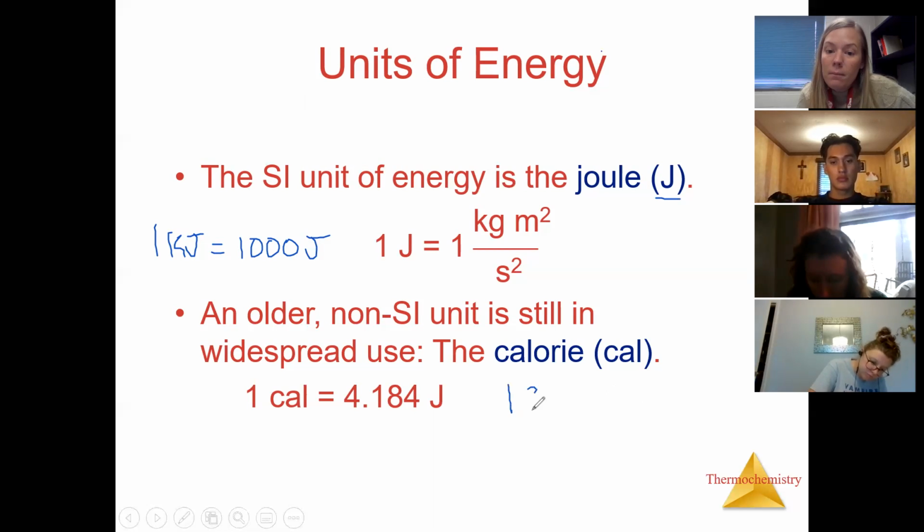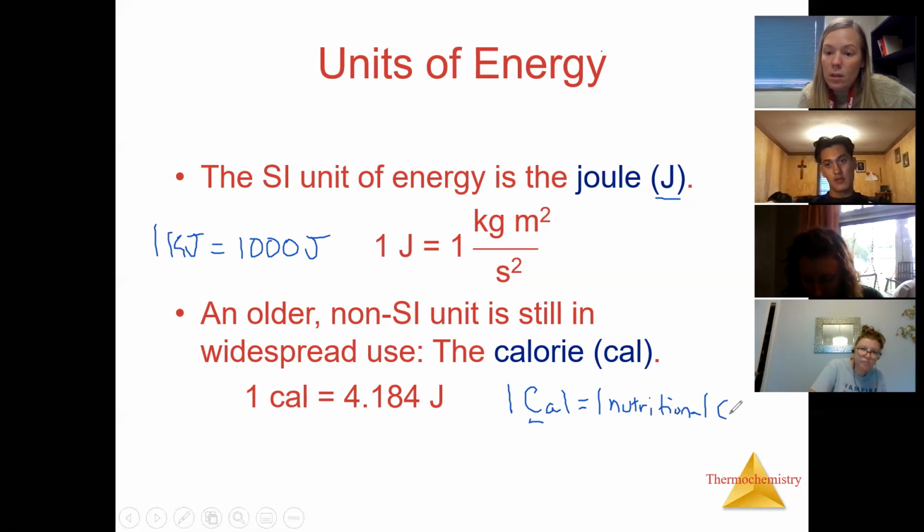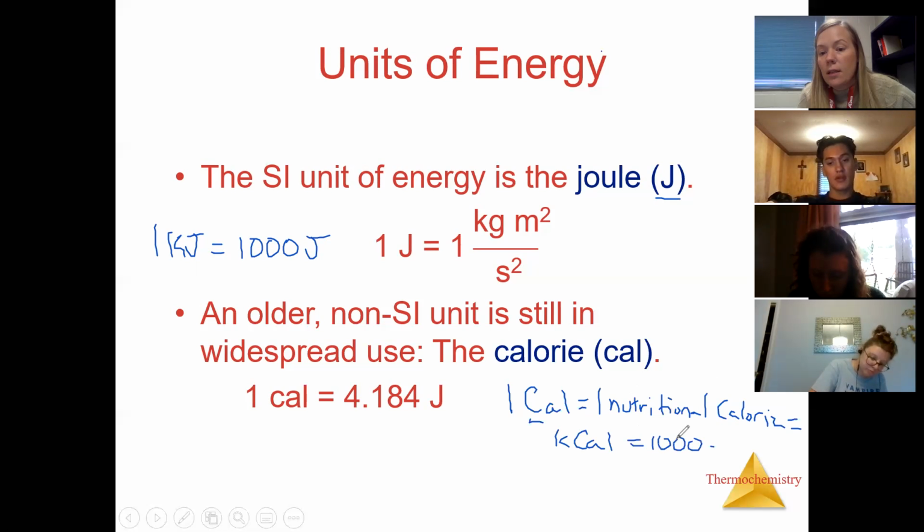So 1 big C calorie is equal to 1 nutritional calorie, or sometimes it's called a kilocalorie, and it's equal to 1,000 little c calories. So when we're talking about a little c calorie, we're talking about a small amount, 1,000th of a nutritional calorie.